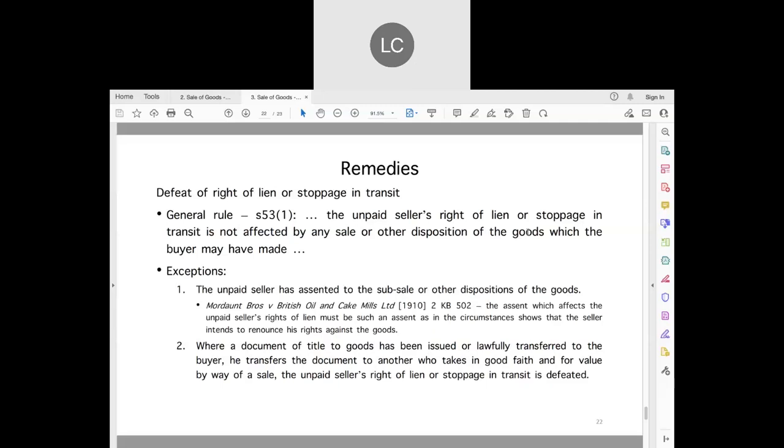Then number two is that where a document of title to goods has been issued or lawfully transferred to the buyer, he transfers the document to another person who takes in good faith and for value by way of a sale. The unpaid seller's right of lien or stoppage in transit is defeated. So this is what we said just now.